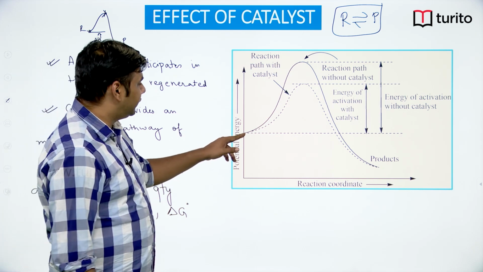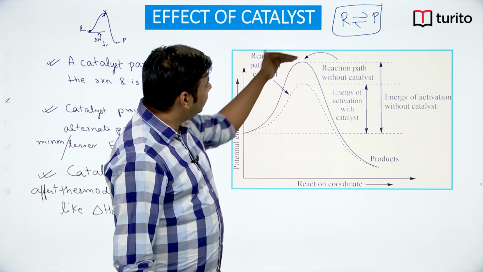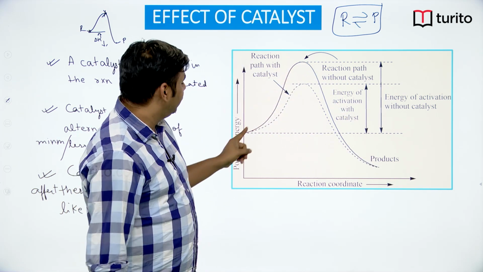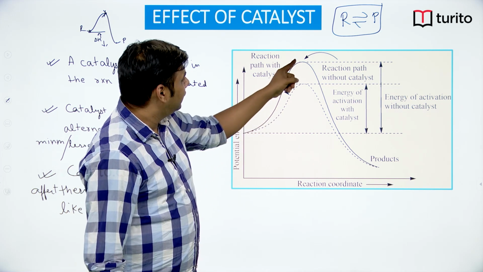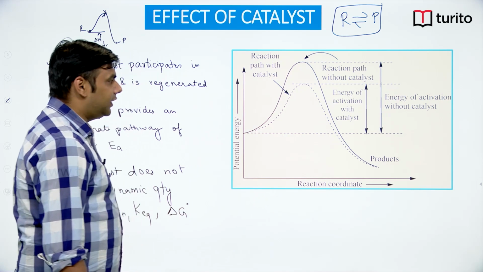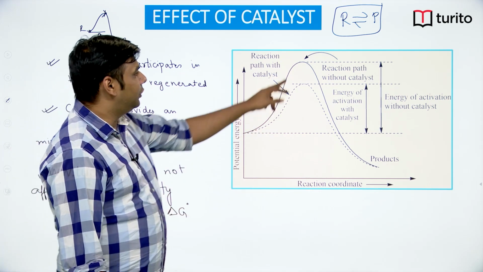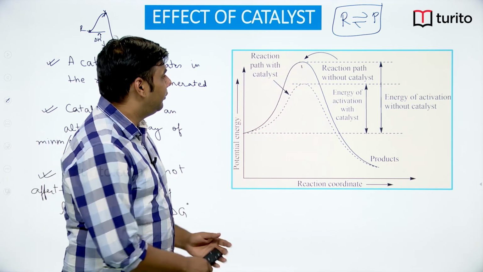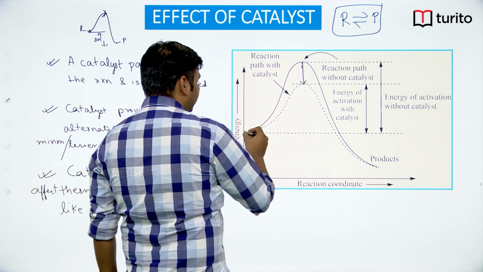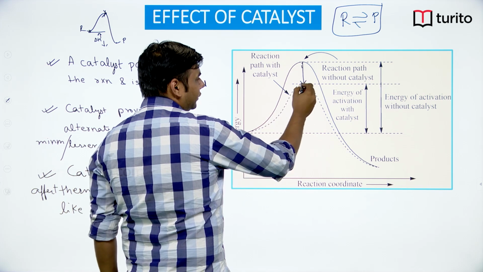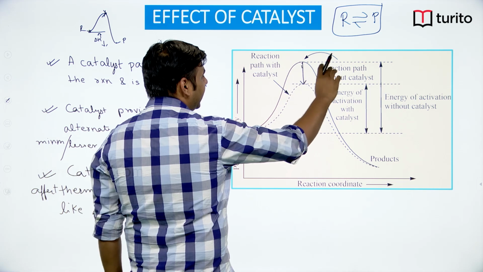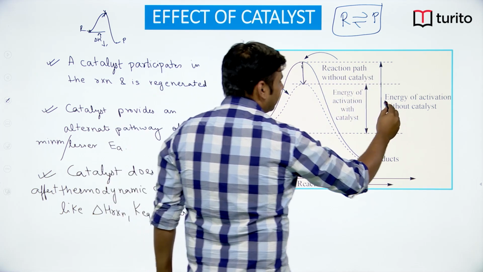Okay, so let us look at this graph. So basically we are saying this is the reactant, this is the product, reactant is changing into the product, this is the activated complex or the transition state. So if you look at this, this dark line is the reaction without the catalyst. Now if we took the catalyst, we know that it is going to stabilize the transition state, so it will bring the transition state from this state to over here. So now the new graph would look something like this, which is shown by a dotted line. Okay, so we can clearly see that initially the activation energy was this without catalyst.